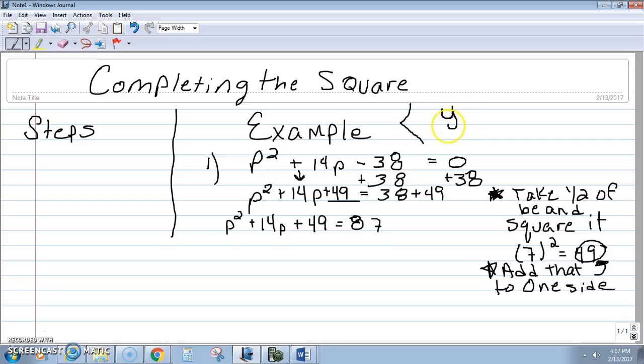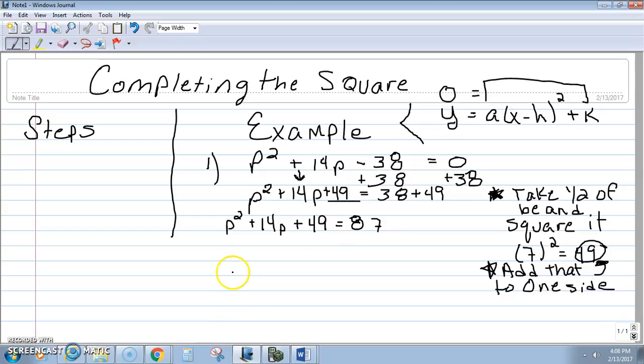And vertex form is y equals a times x minus h squared plus k. So, and our y is going to be 0 equals, and then this will be all on the other side.